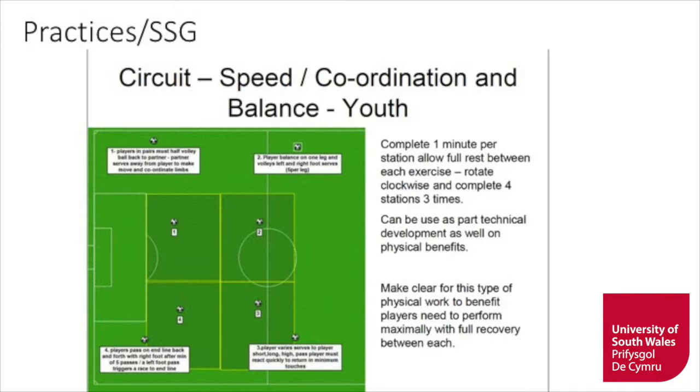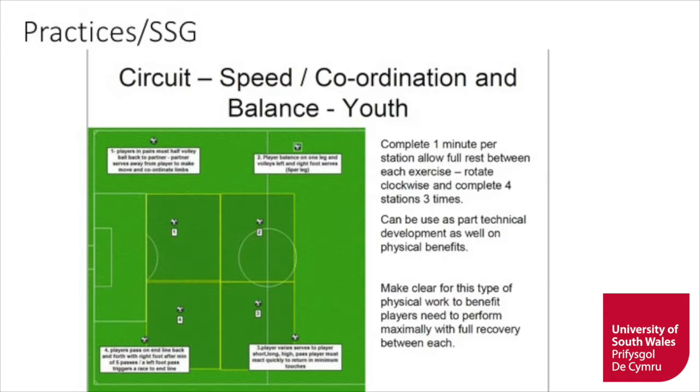So for example, dribbling, we may have the opportunity to work on agility, or control and receiving skills may be best suited to coordination. And on screen you can see an example of a carousel session based around developing speed, coordination and balance, with players taking part in 4 different activities and then rotating around in a carousel or circuit fashion.